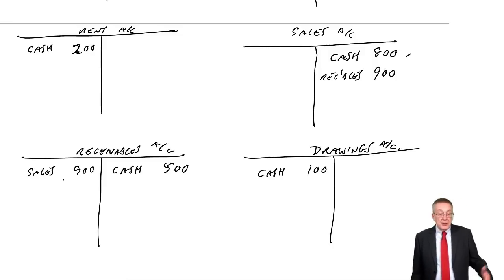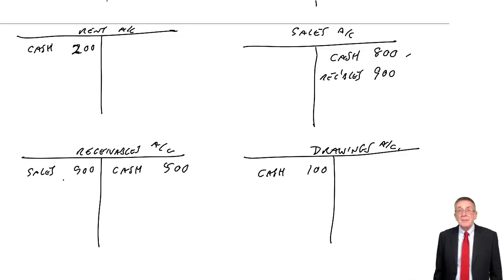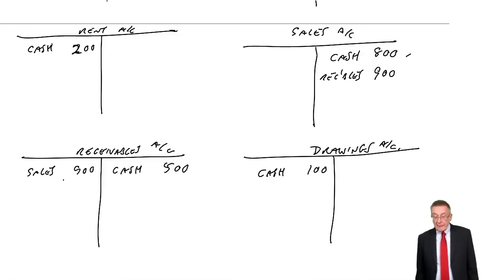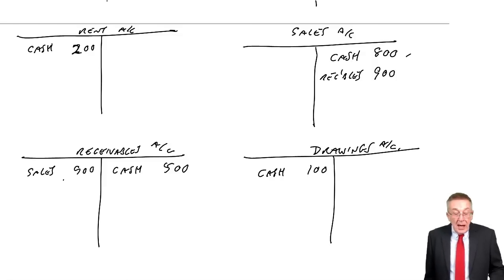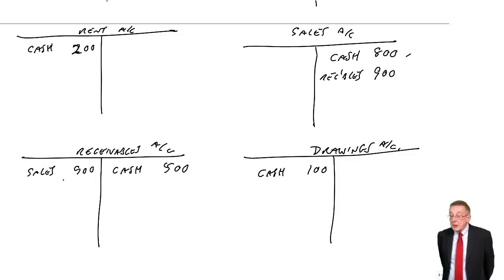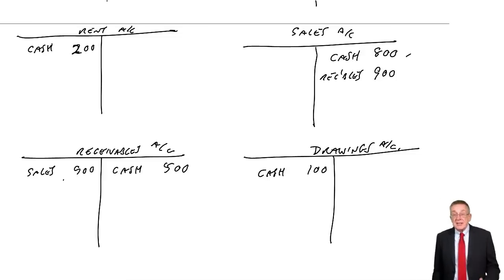Because you'll see as we go through the whole notes, there are lots of different ways they can test you on your knowledge of the double entry. Anyway, there we are. We've done the recording. And whether it's on computer or, as we have to do here, by hand, we've got to record every single transaction as it happens.